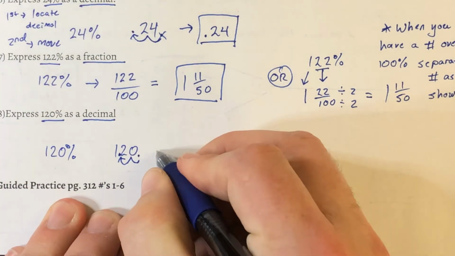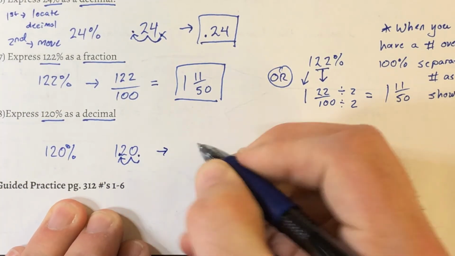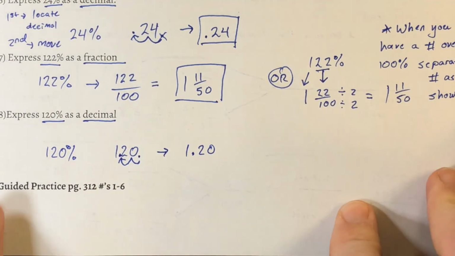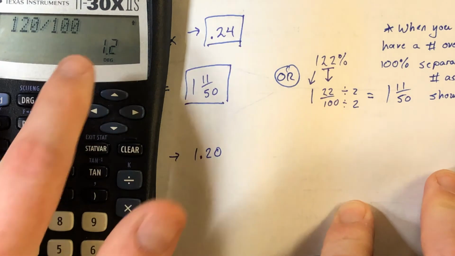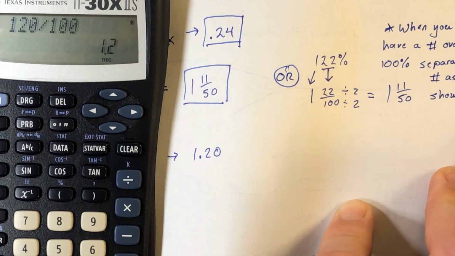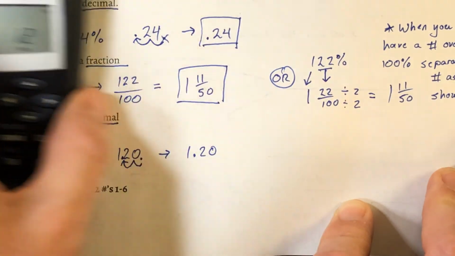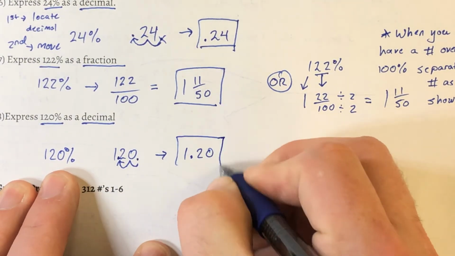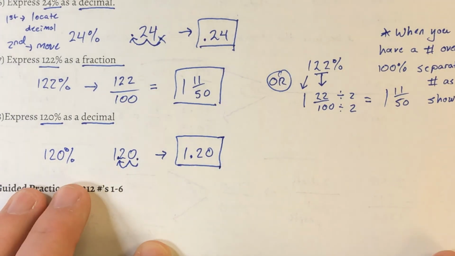So what does this become? 1.20 or 1.2 as you see in the calculator. The calculator is usually not going to write unnecessary zeros or insignificant zeros. I mean, why write something if it's not needed? But anyways, our answer is 1 and 2/10 or 1 and 20 hundredths.